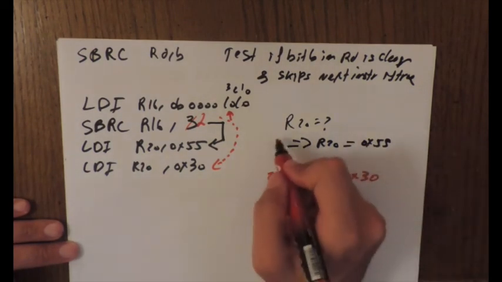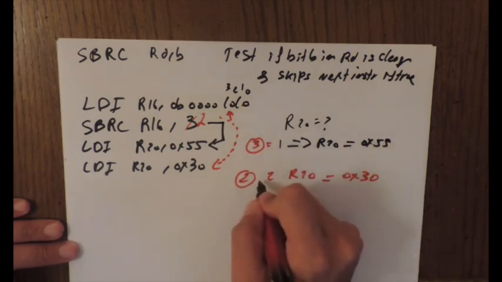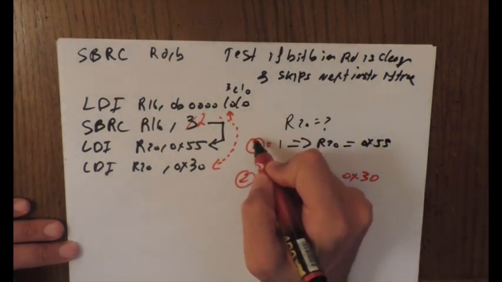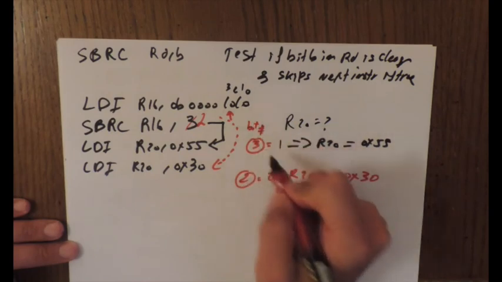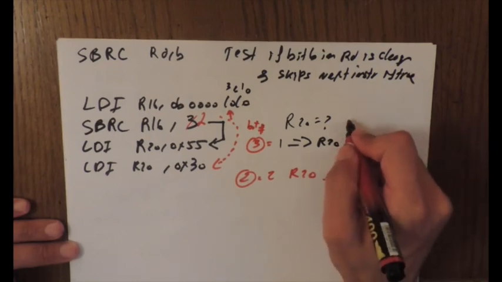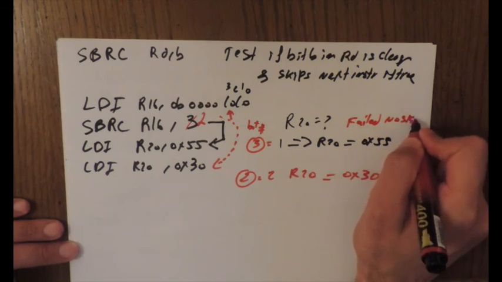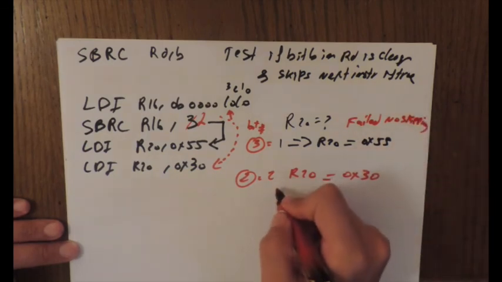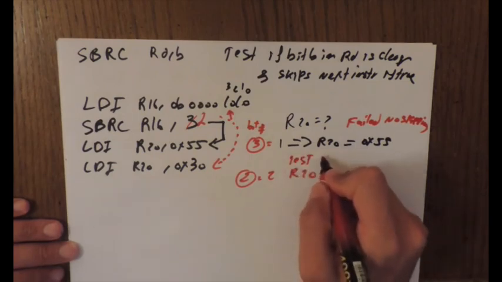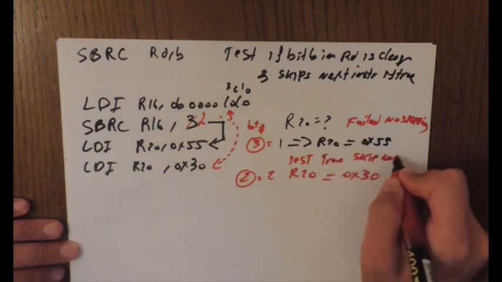So in the first case, it was 3, and this is when it was 2. When R16 was tested for bit number 3, the test failed. No skipping. However, in the second case, the test was true, skip next instruction.